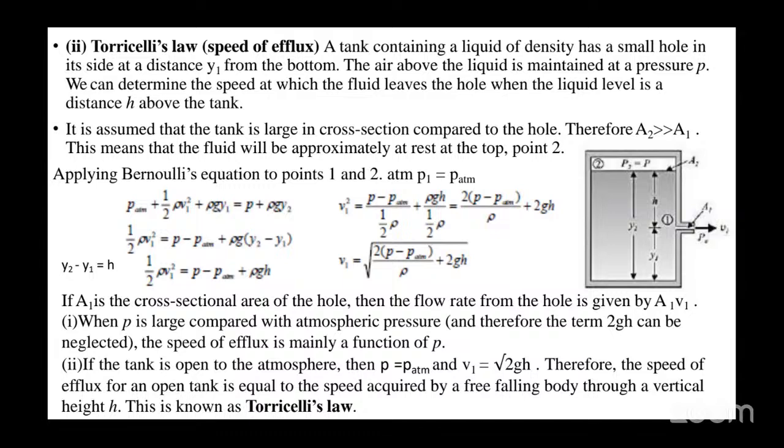So the expression becomes v squared is equal to 2gh, and v is equal to the square root of 2gh. If you look at the expression we got from applying Bernoulli's equation to Torricelli's speed of efflux, the equations are the same.